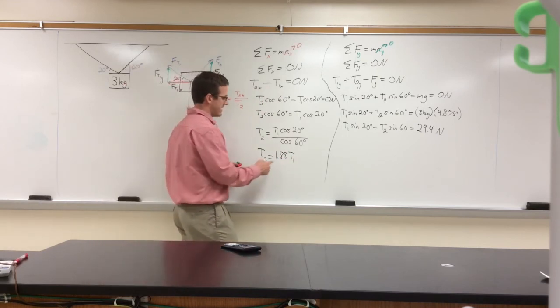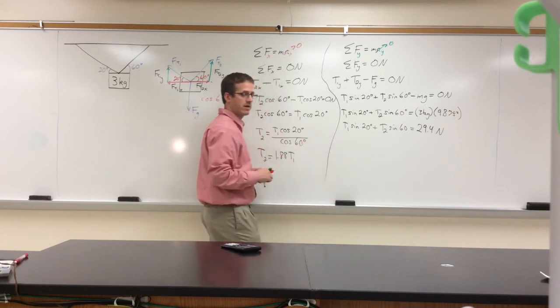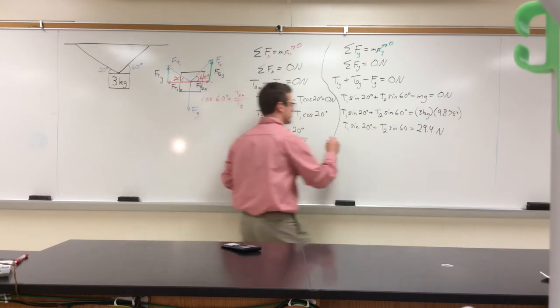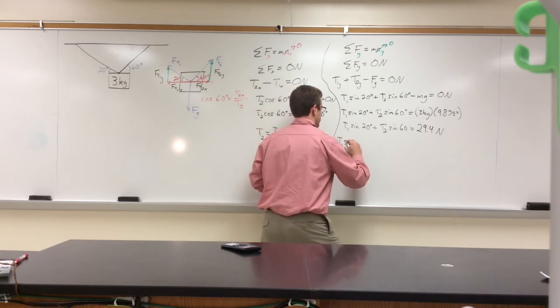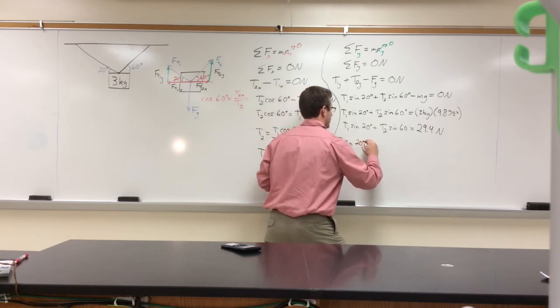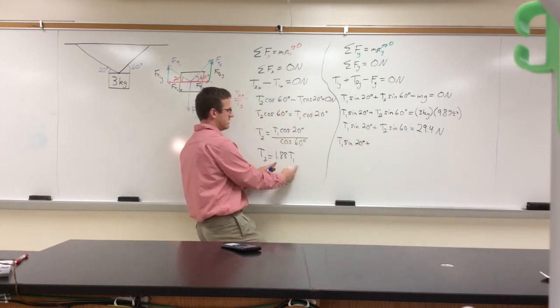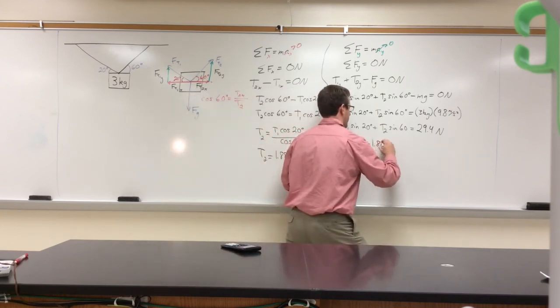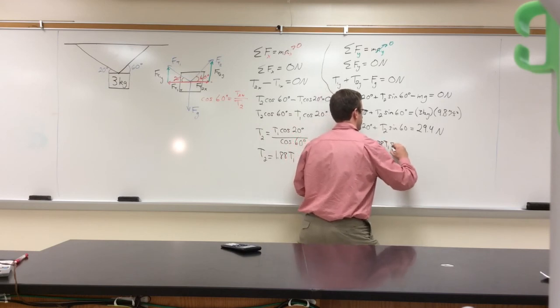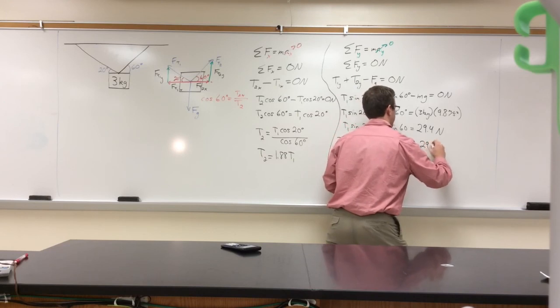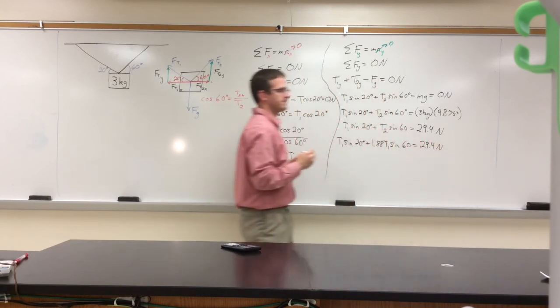Well, that's important because now I can take this and plug it in over here. Wherever I see a T2, I can plug it in for T2 over there. So I've got T1 sine 20 plus, instead of T2, I'm going to put this in, 1.88 T1 times sine of 60 equals 29.4 newtons.